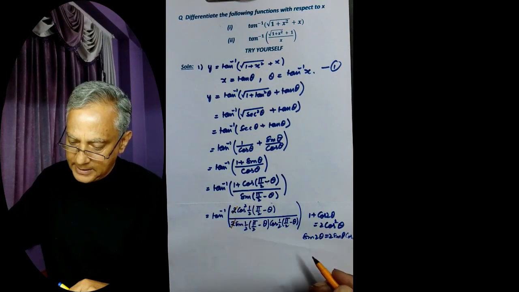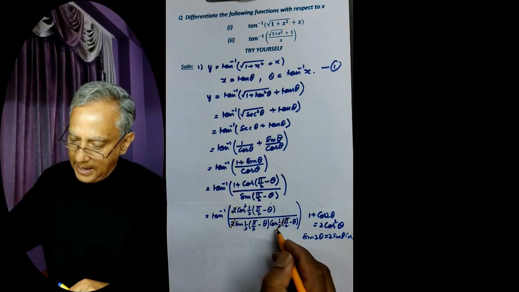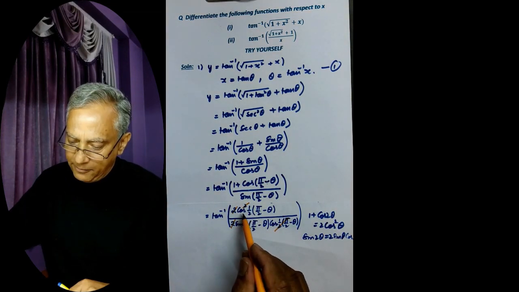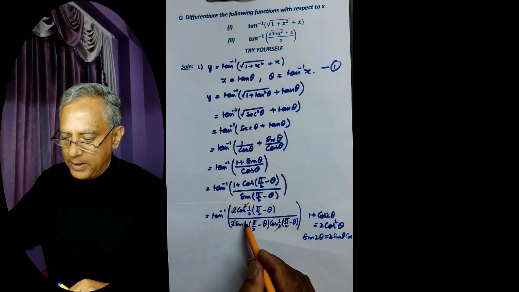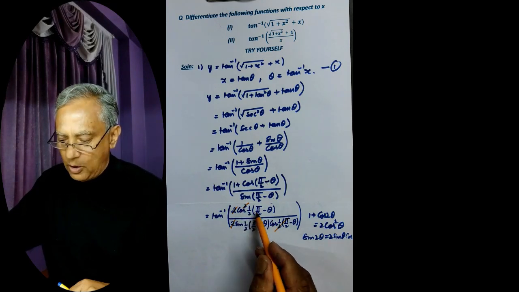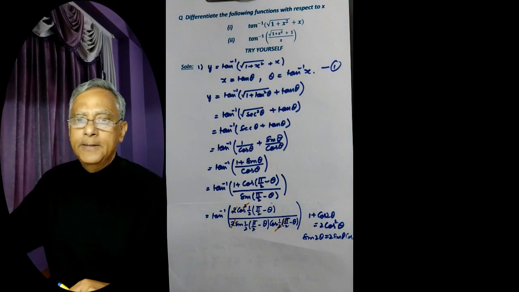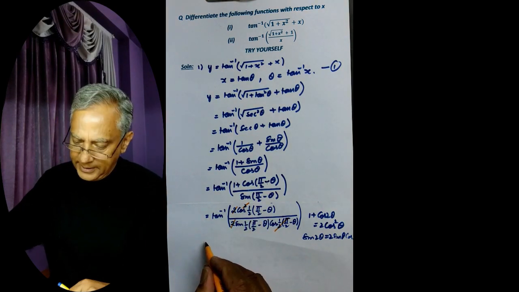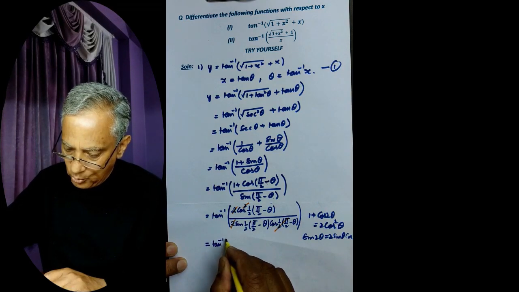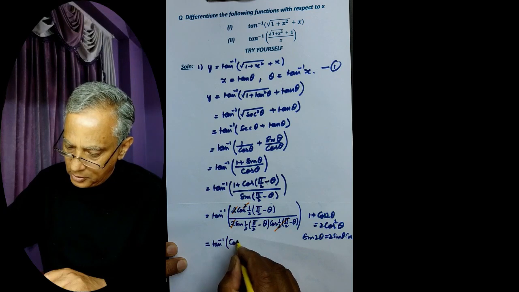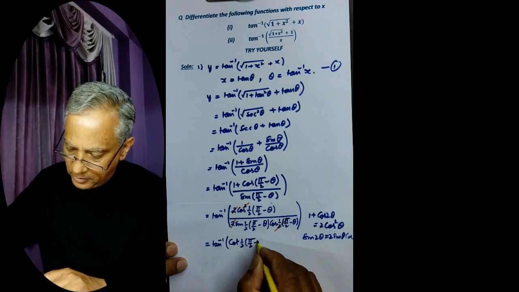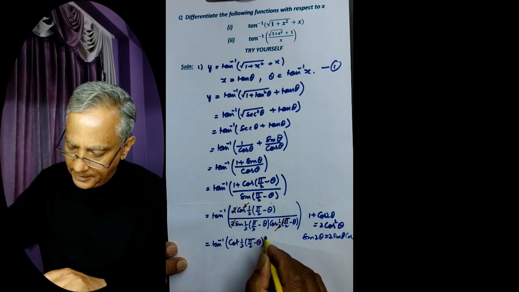Now this 2 cancels with this, and cos cancels with cos, and we are left with cos half of pi by 2 minus theta over sine half of pi by 2 minus theta, which is cotangent of half of pi by 2 minus theta. So we can write this as tan inverse of cotangent of half of pi by 2 minus theta.